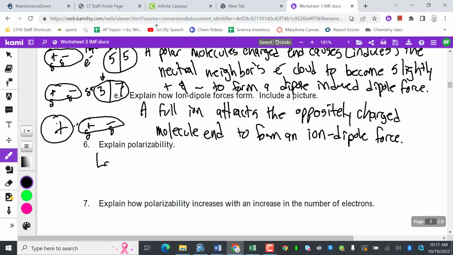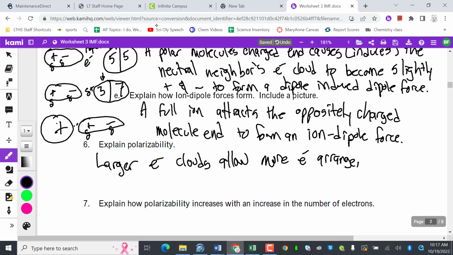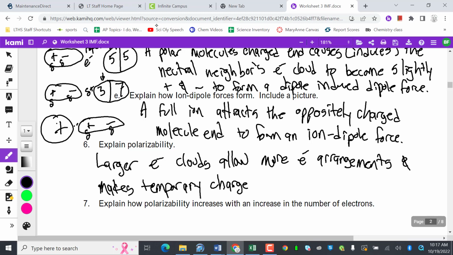Polarizability. Larger electron clouds allow more electron arrangements and make temporary charged sides more common and likely.